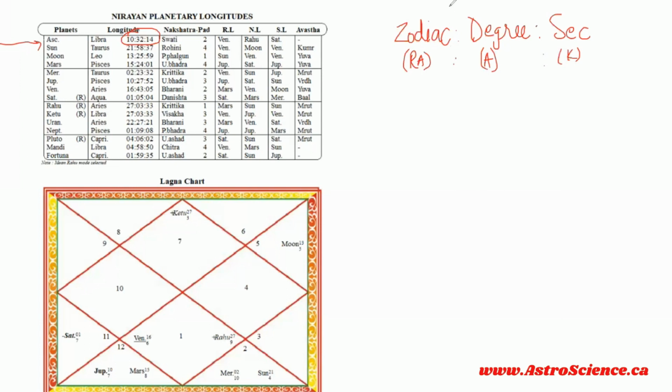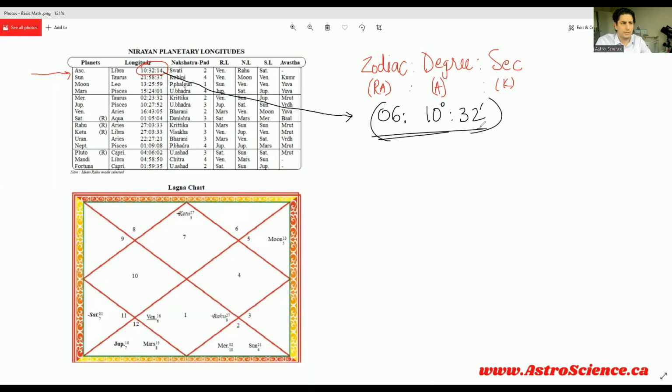In this specific example, since it's the Libra ascendant, how are we going to write this? We write the Libra sign first, and then 10 degrees and 32 Kala.